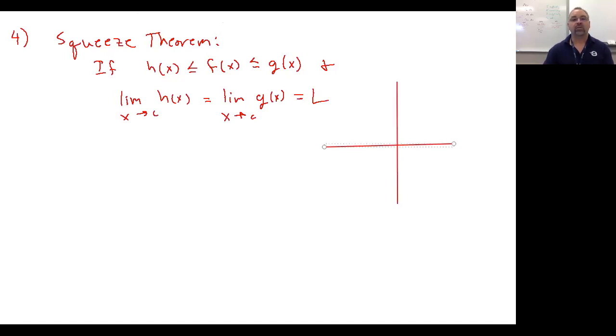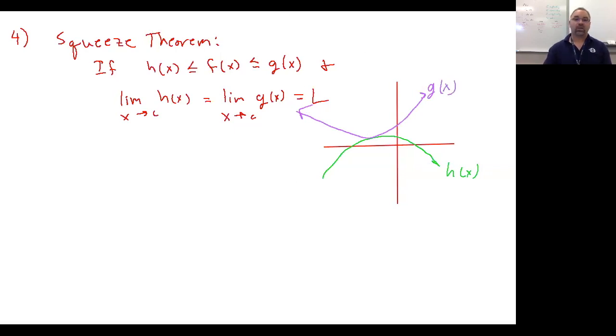I might have my function. Let's pick a green color for h of x here. So h of x might be doing something like this. That's h of x, I'll write that on there, because it's lower. And then g of x is greater, so it's coming in like this. There's g of x.